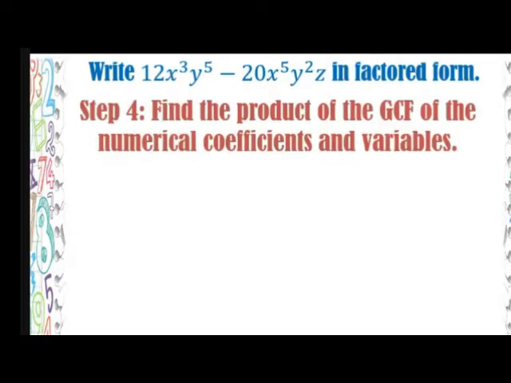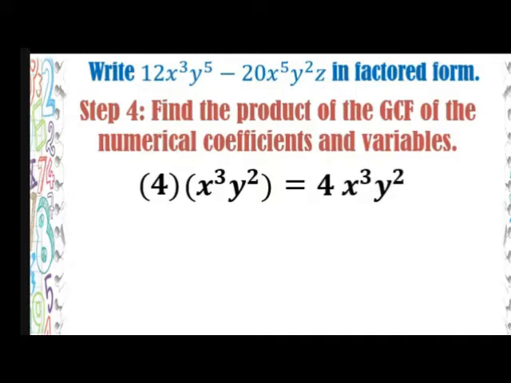Step 4. Find the product of the GCF of the numerical coefficients and variables. GCF of the numerical coefficient is 4, and GCF of the variables is x cubed y squared. Multiplying the two GCFs, we have 4x cubed y squared.